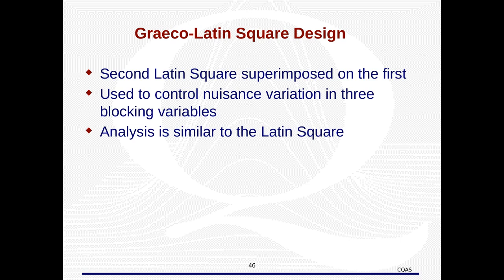The analytical approach parallels that of the standard Latin square, though we now partition the sum of squares to account for an additional blocking variable. This design proves particularly valuable in industrial and agricultural experiments where controlling multiple environmental or contextual factors simultaneously is critical to isolating treatment effects with precision.